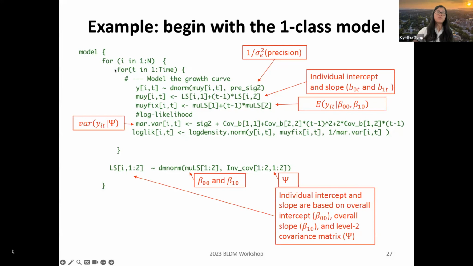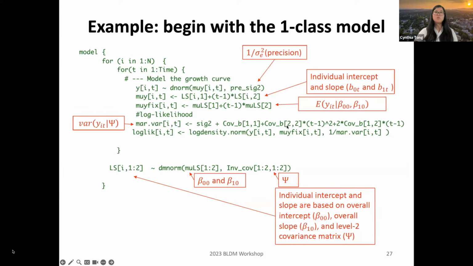Everything else is the same: for subject i from 1 to n, and for time from 1 to T, YT follows a normal distribution, and the mean is a linear regression of time. But now we also have this log likelihood specified.